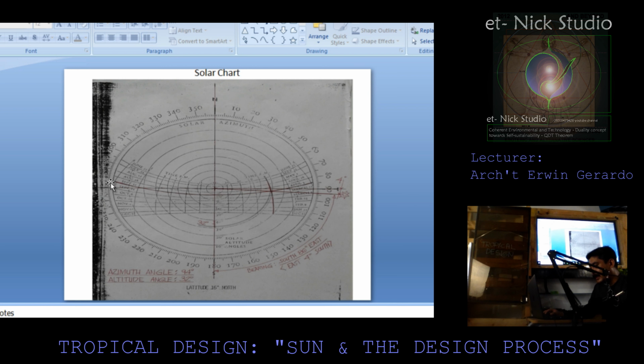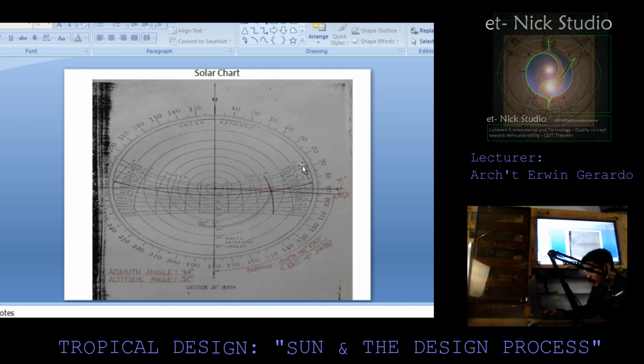Then take note that at this specific month, from east to west, this is considered to be your sun path on September 11. And then the time is actually 6 a.m. from this point.